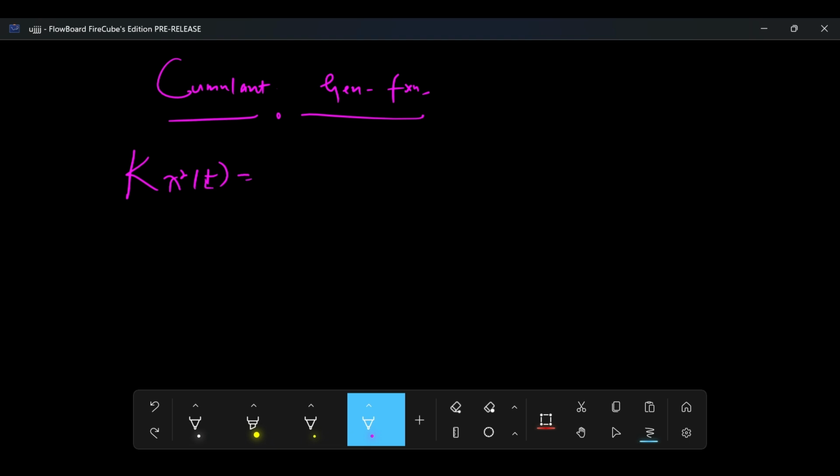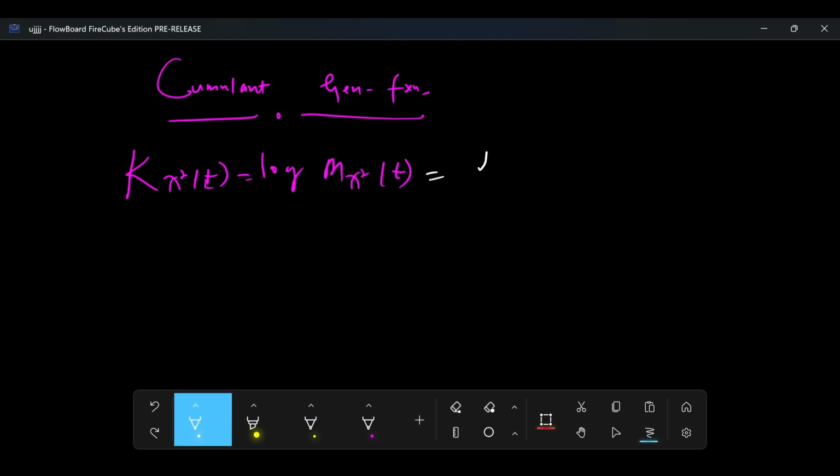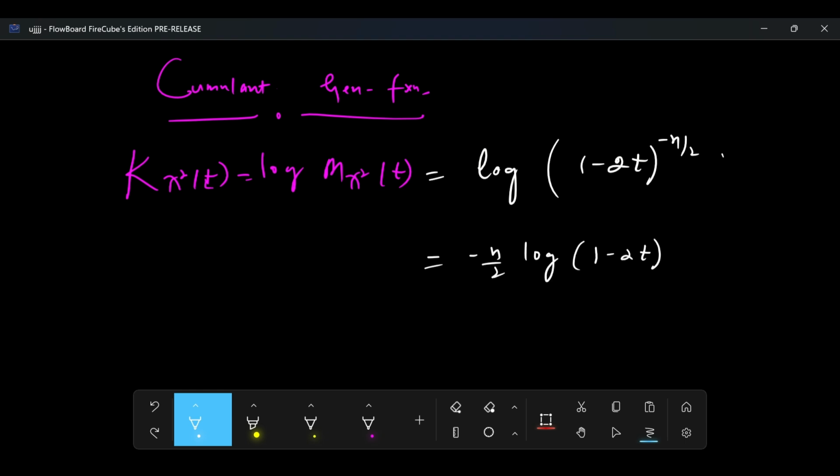That is nothing but log of M chi square t, and this is equal to log of 1 minus 2t to the power minus n by 2. Now see, using the property of log m^n is n log m, so this is minus n by 2 log 1 minus 2t.